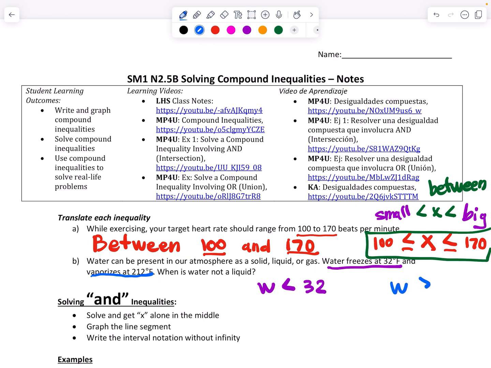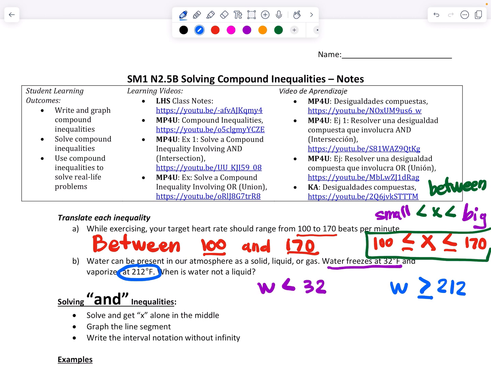If it's anything more than 212 degrees, it vaporized, meaning it's a gas. Now, where it says it vaporizes at 212 degrees, I think that means that once it hits 212, it's a gas now, which means it's not a liquid. So I'm going to go ahead and include that 212.